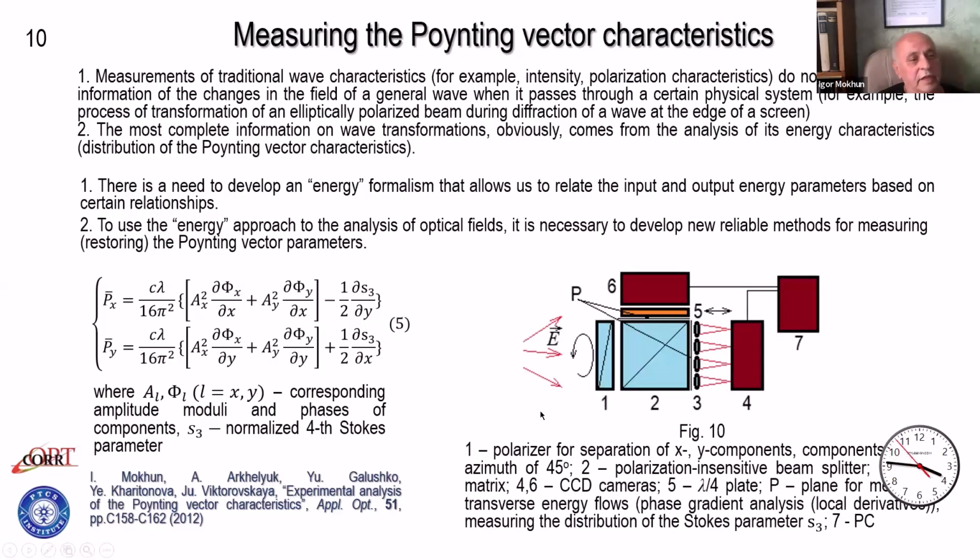Based on such notation, it is possible to measure the components of the Poynting vector, the transverse energy flows, using full phase measurement of the field components and local Stokes polarimetry. It was on the basis of this method that the characteristics of the Poynting vector were restored for the diffraction of circularly polarized beams at the edge of the screen.